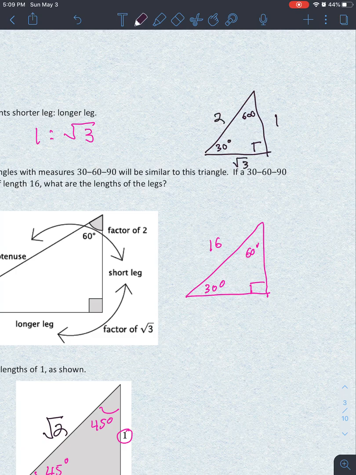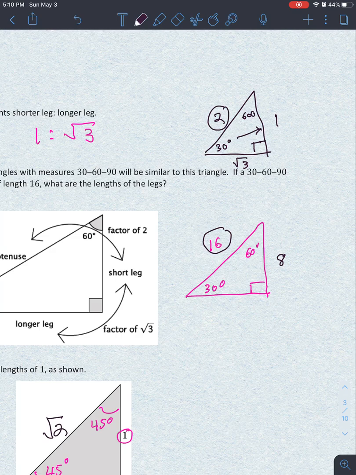So what this tells me is 16 is my hypotenuse. So the easiest side to probably look for is the one across 30. Because what we discovered is the one across 30 is always half of the hypotenuse. So since this is 16, that means this has to be 8.